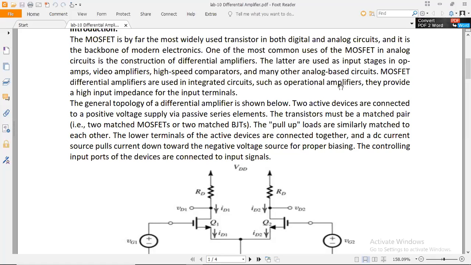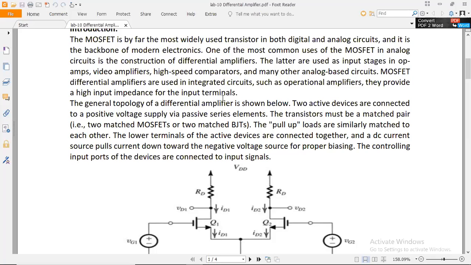Such as operational amplifiers, they provide a high input impedance at the input terminals. If we talk about the operational amplifier, the op-amp has high input impedance and low output impedance.